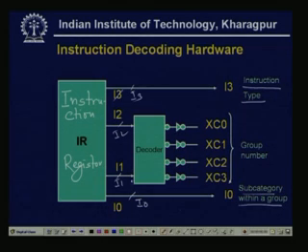So, I2, I1 is the input of a decoder, and as it is a 2-bit input, as we have already seen, there are 4 groups: 0, 1, 2, 3. These are defined by the 4 outputs of the 2 to 4 decoder. So, in this way, this is a simple hardware for instruction decoding.